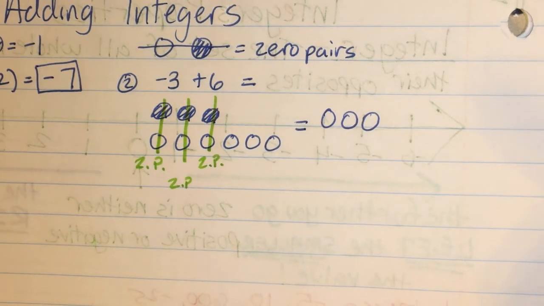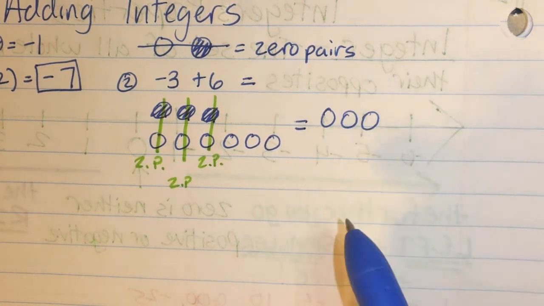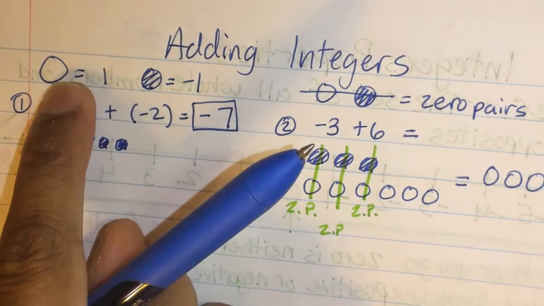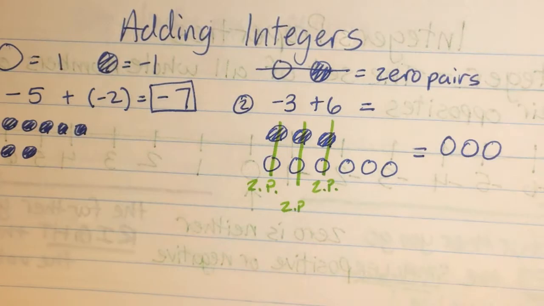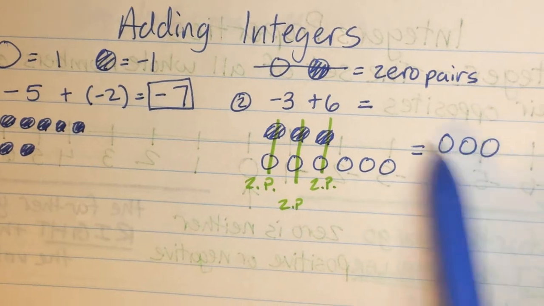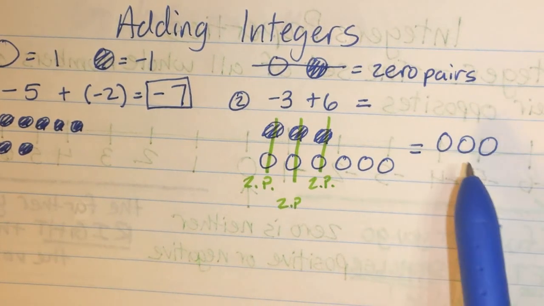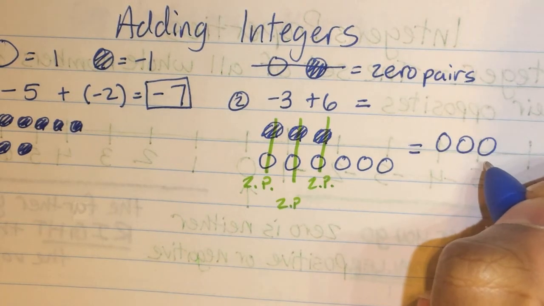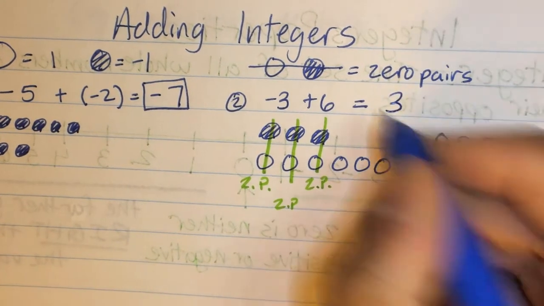How many circles are left over? 3. And are they positive or negative? So think back here, right? Are they positive or are they negative? Negative? Well, are these shaded over here? No. So positive. Good job. So that's positive 3? Yes. So my answer would be positive 3.